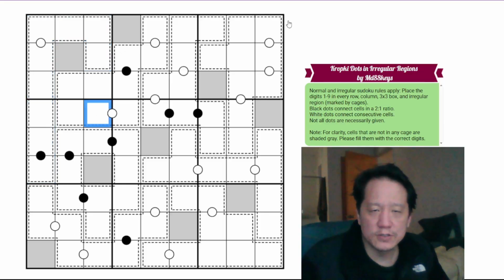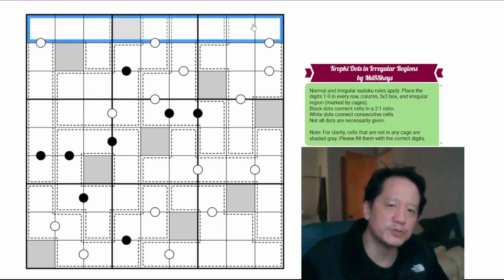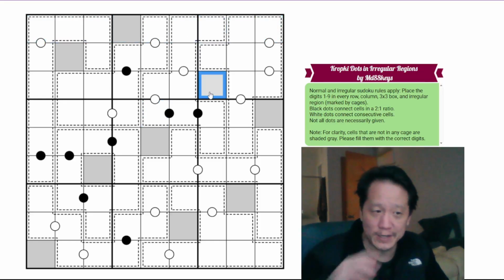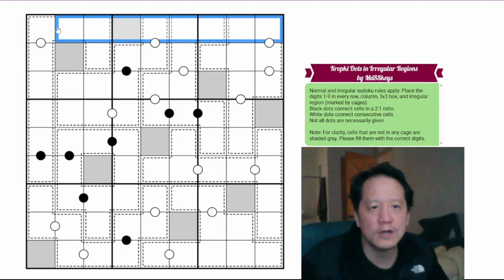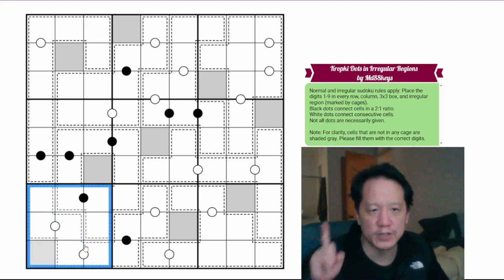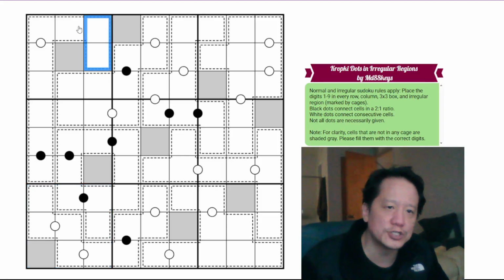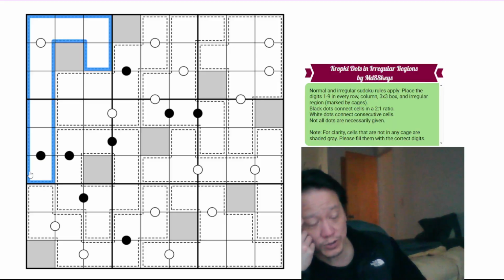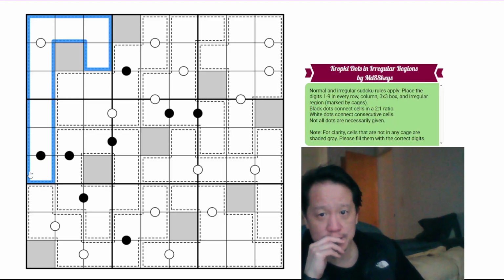So in every cell in the grid we place a single digit from 1 through 9 such that every row, column, and designated 9-cell region contains the digits 1 through 9 exactly once each. And in addition, every cage also contains the digits 1 through 9 exactly once each.